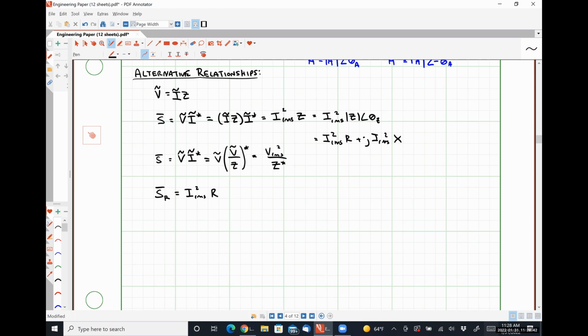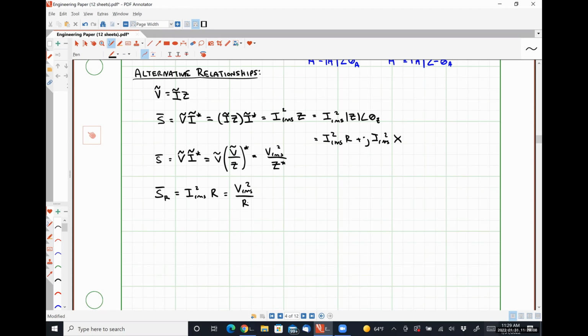The real number. So it's just going to be V RMS squared over R. These are nothing more than our DC power relationships from, I don't know, way back in engineering 120.